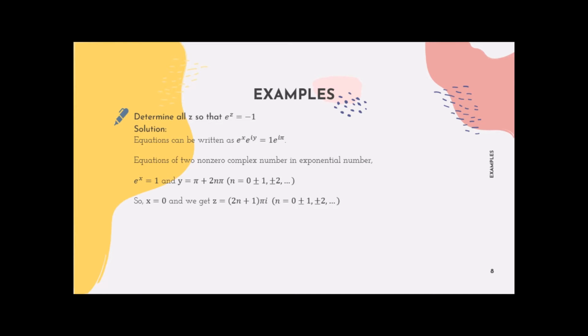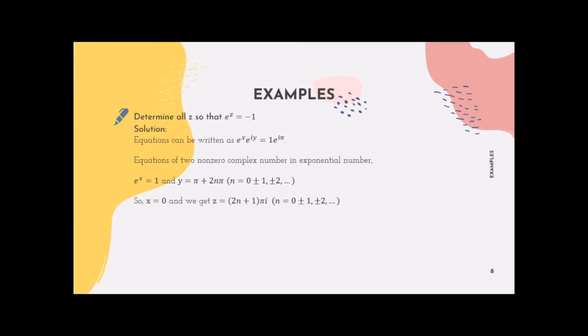For the second example, determine all z so that exp(z) equal to negative 1. Solution. The equation can be written as exp(x) exp(iy) equal to 1 exp(i pi). By the equality of two non-zero complex numbers in exponential form, exp(x) equal to 1 and y equal to pi plus 2n pi for n equal to 0, plus minus 1 and so on.